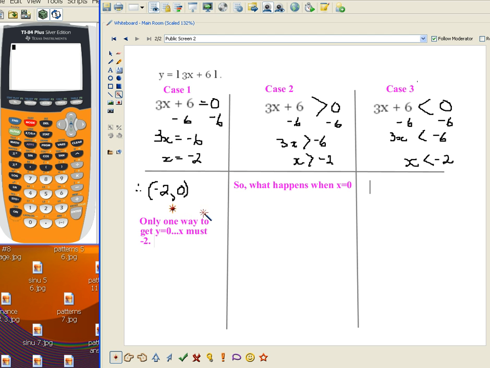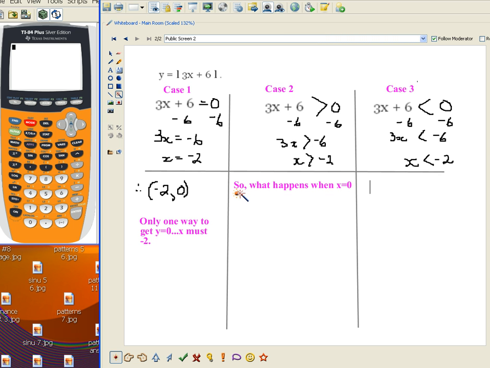Negative 2, 0 is the only x-intercept, because we have only one way for y to be 0, and that's if the inside of that absolute value function is 0. So at this point we can stop worrying about that x-intercept.